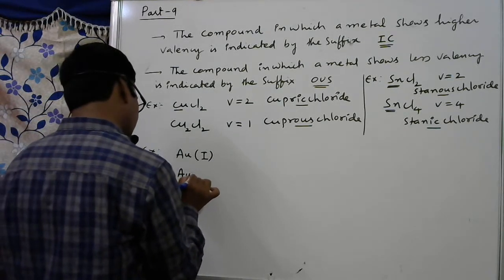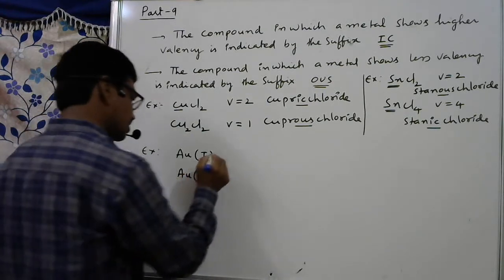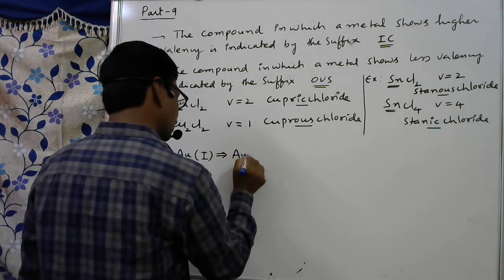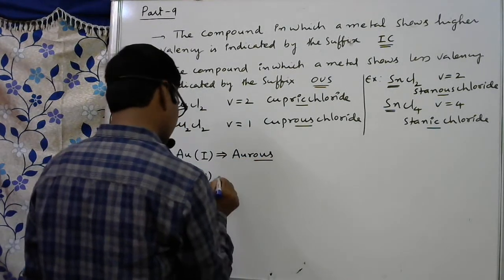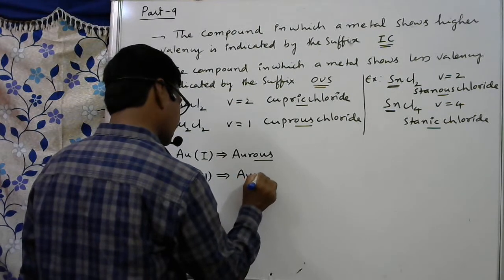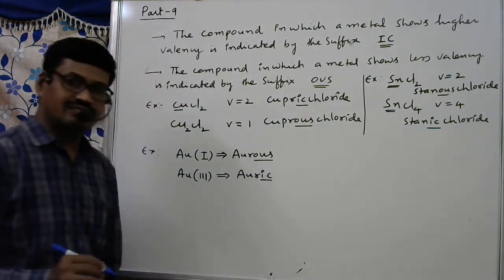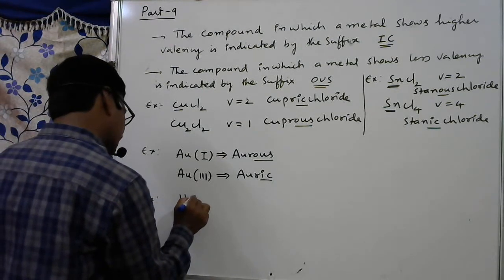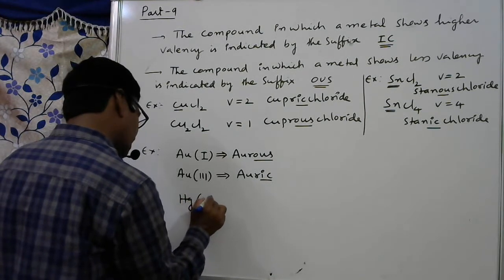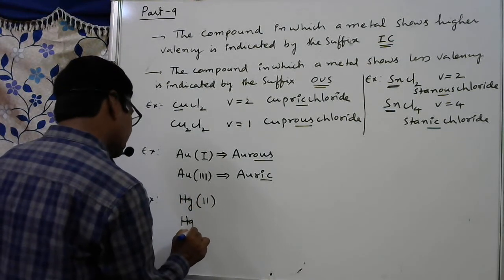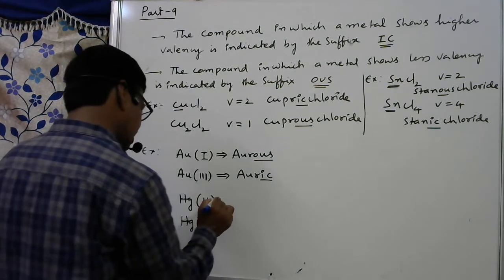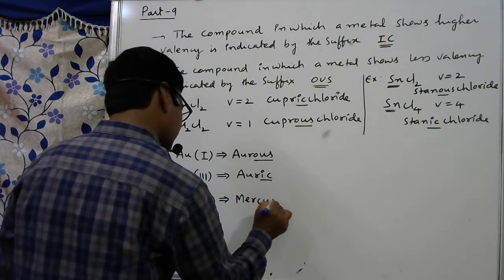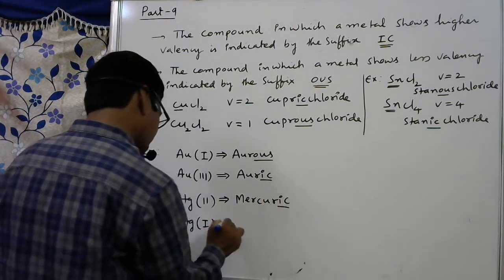Au(III) is gold, and we can say this is auric ion. Similarly, one more example: Hg2 and Hg1. Hg with lower valency is mercurous, and the higher is mercuric ion. Among these two you have to compare.